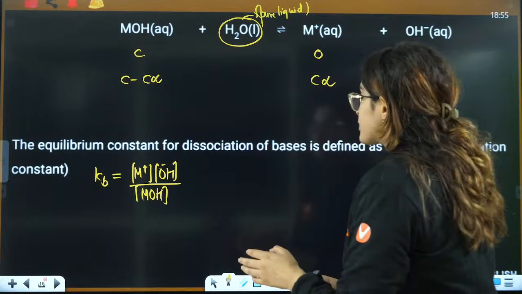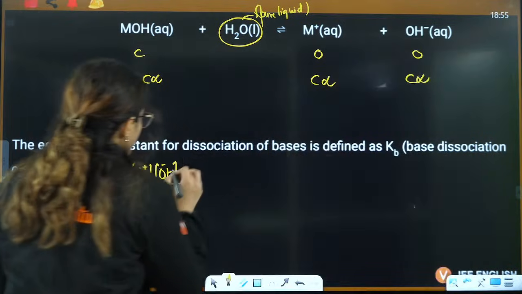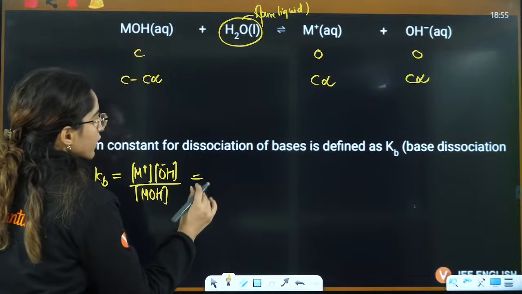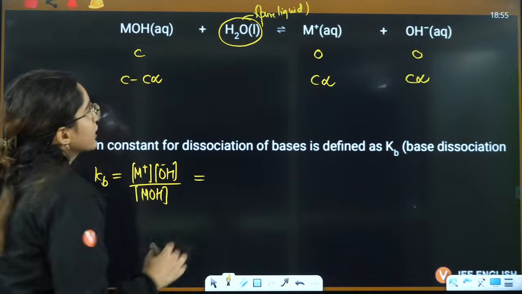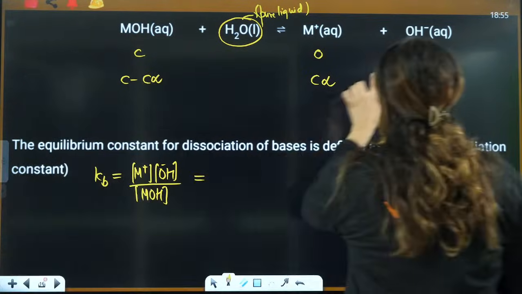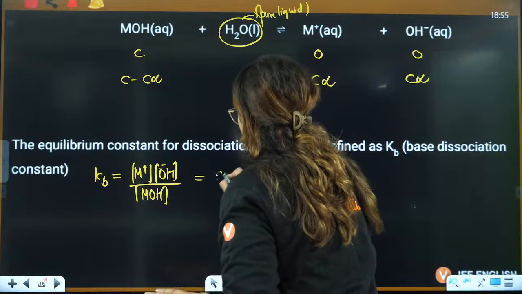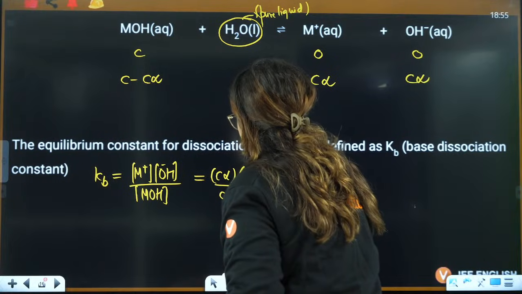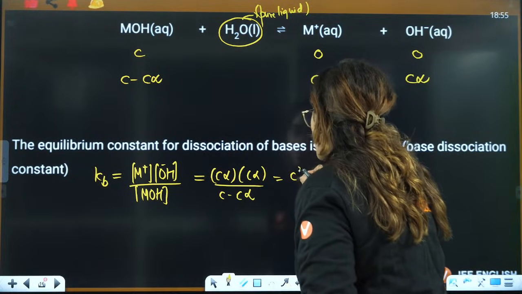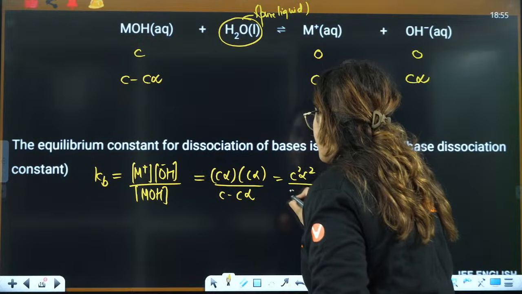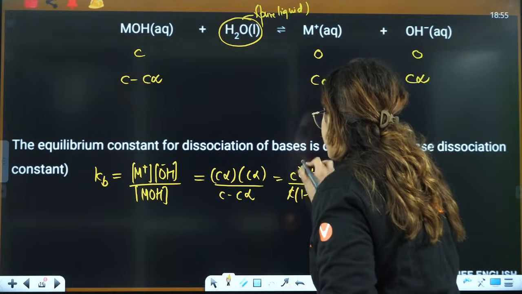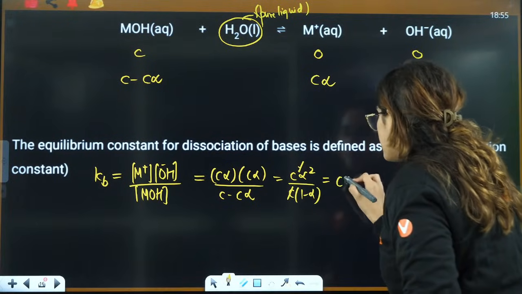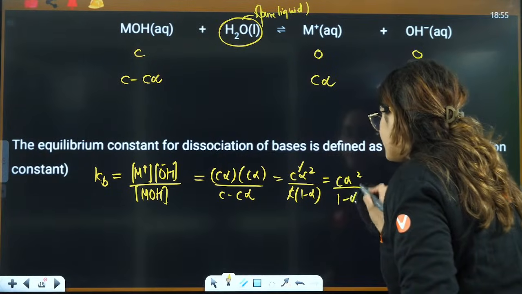So here it is M positive OH negative divided by this. What is M positive? See, this is C alpha. Again, same thing we will do. C alpha multiplied by C alpha, divided by C minus C alpha. C square alpha square divided by C into 1 minus alpha. C will cancel. This is C alpha square divided by 1 minus alpha.